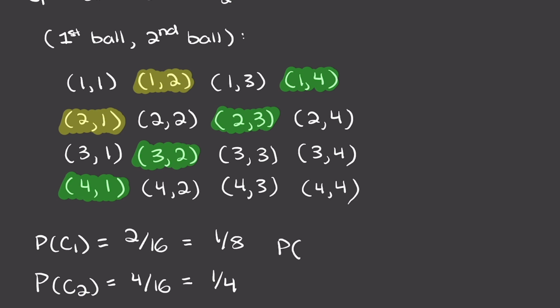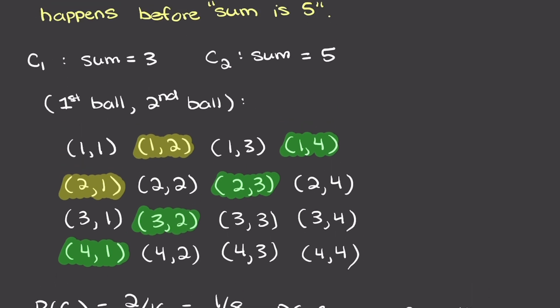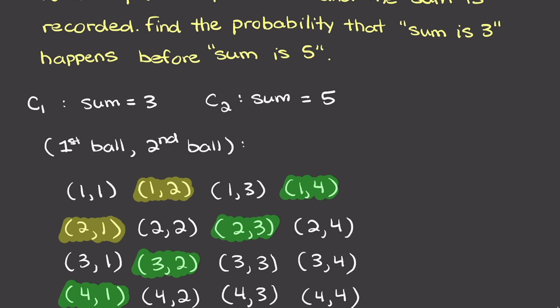So the probability that it's not C1 and it's not C2 is 10 out of the 16, or 5/8.